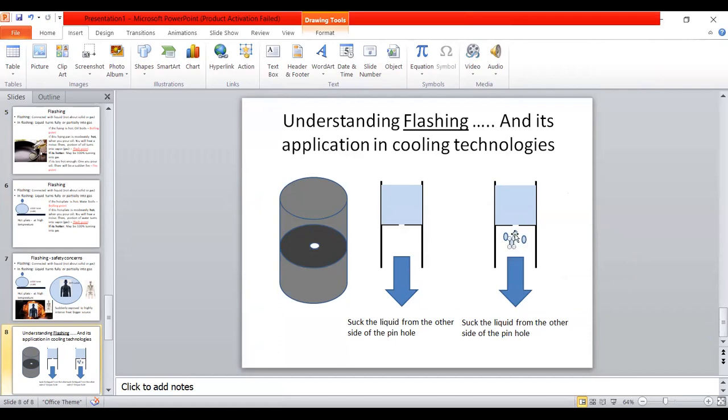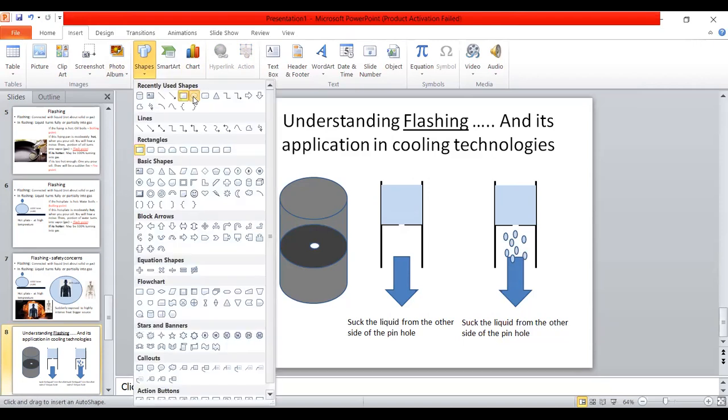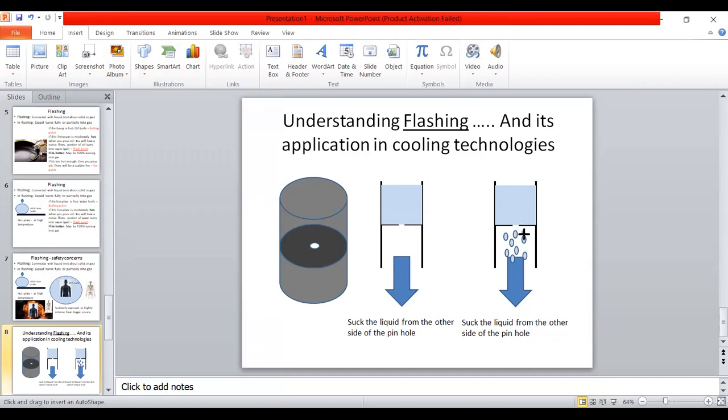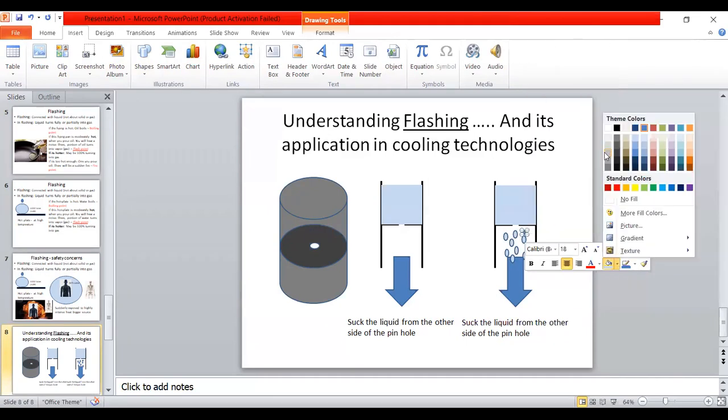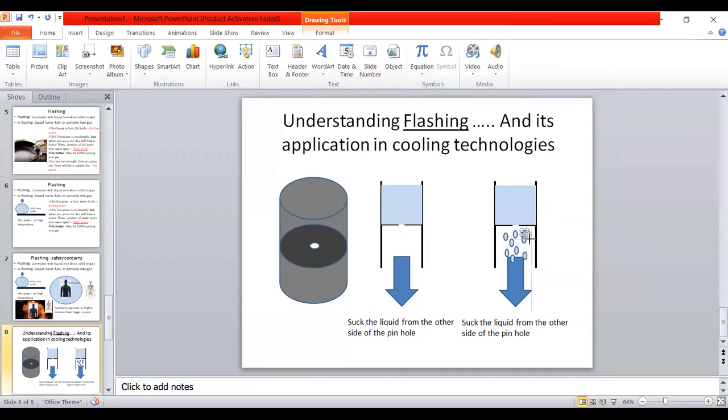See, liquid comes. Not only the liquids, there comes some vapor as well.